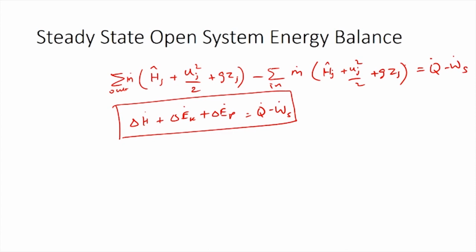So, substituting these values we get delta H dot plus delta E k dot plus delta E p dot equals q dot minus W s dot, which will be used in place of delta U plus delta E k plus delta E p equals q minus W, which was used for closed systems.